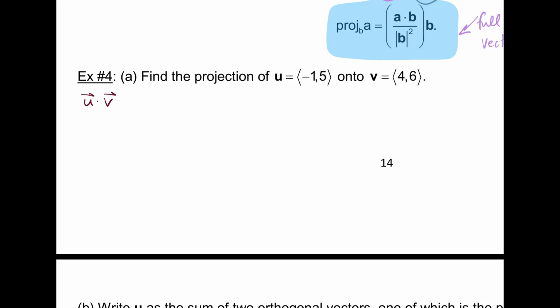Alright, let's do the dot product. Dot product of u and v. Negative 4 plus 30, it's going to be 26. Alright, I have the dot product.